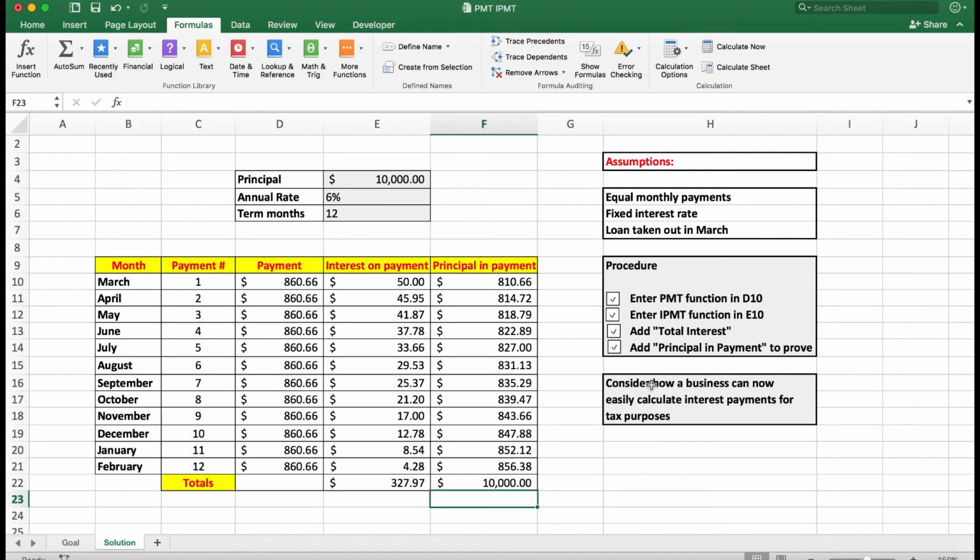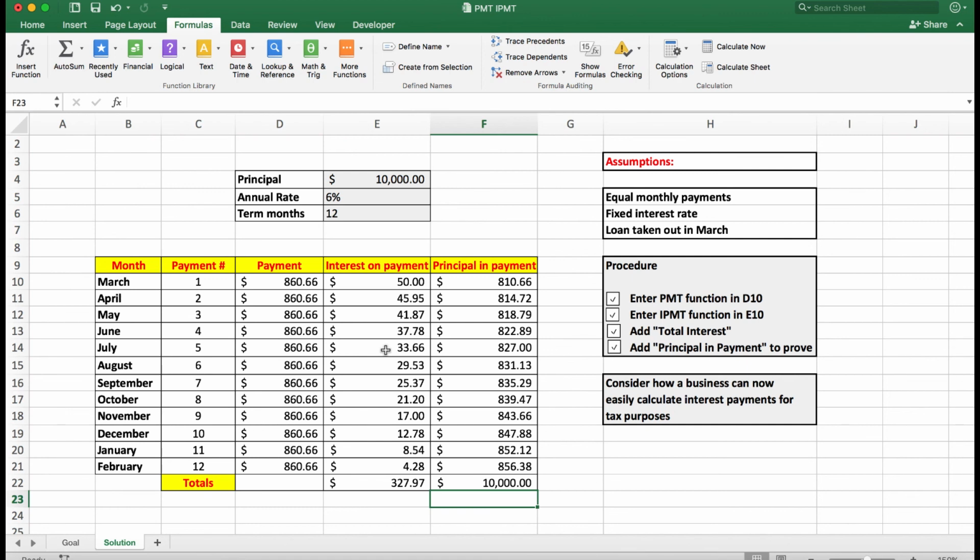And lastly, we want to consider how a business can easily calculate interest payments for tax purposes. Now, we'll assume for this particular exercise that the start of the financial year is July, and I want to calculate how much interest I pay, we'll say, for my tax return from July to December. We'll say we have to put in a tax return for the 6 months.